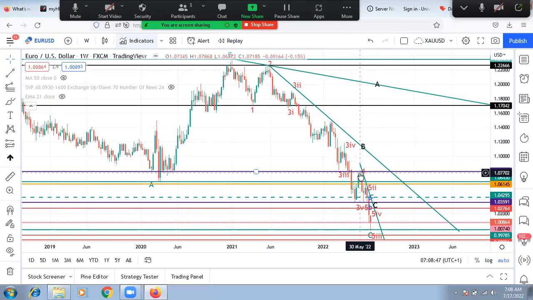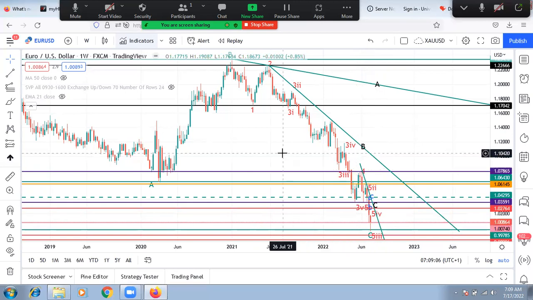So what we are telling ourselves now is, are we done with wave 4? And is what we are seeing now wave 5, or the internal structure of 3? That is what we are seeing now.